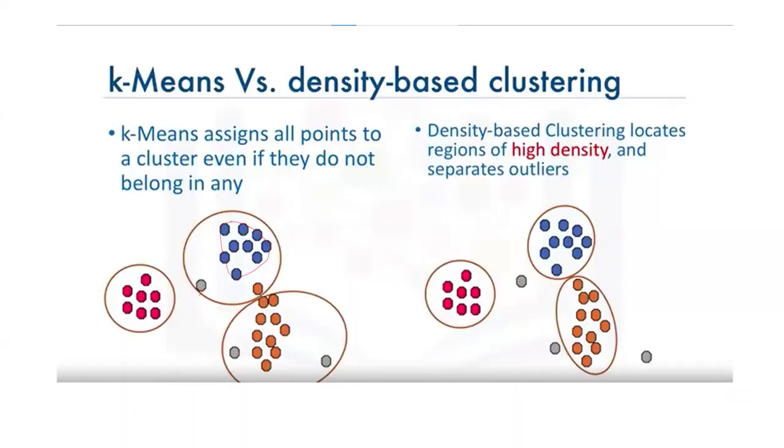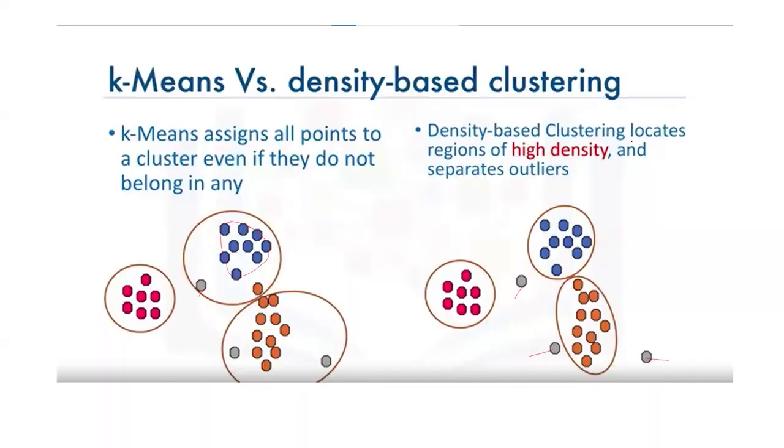But when it comes to density-based clustering, DBSCAN, these outliers have been discarded and not considered in any of these clusters. And another major advantage of this density-based clustering is you need not define the number of clusters. It will automatically detect, based on the density, how many dense clusters can be formed in the data.